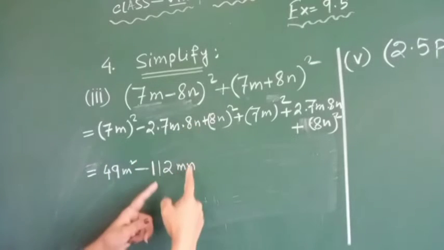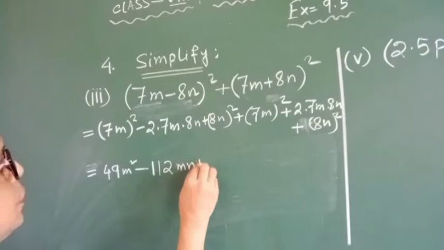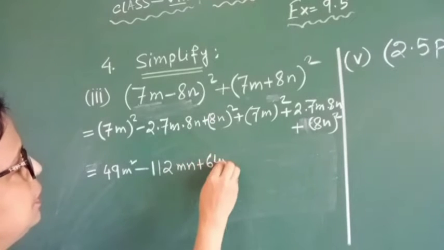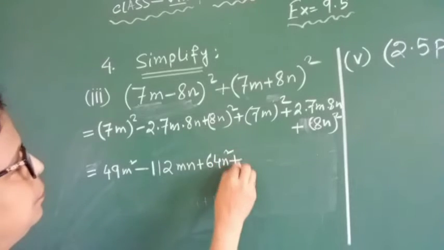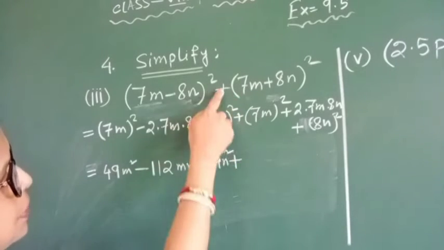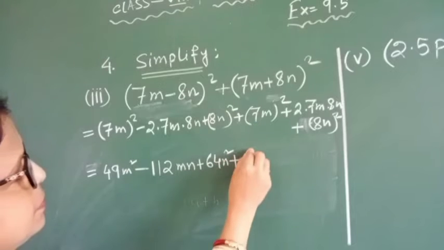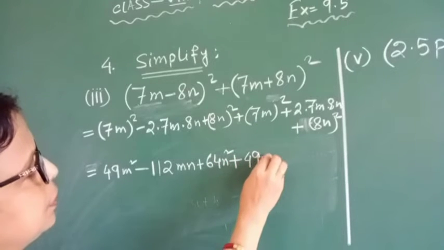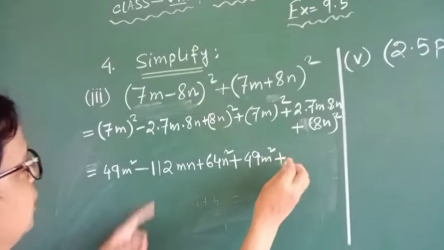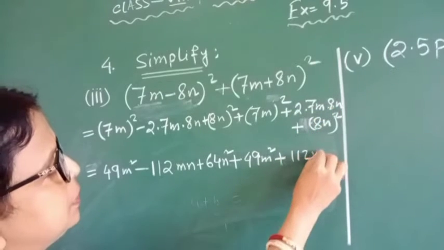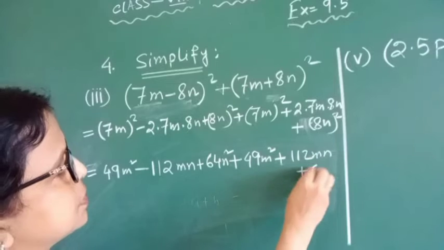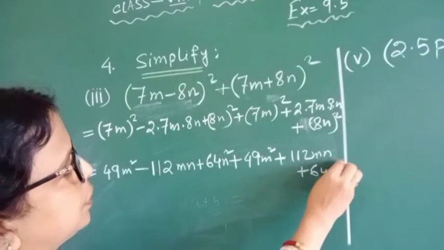Up to here it is completed. Now (8n) square, 8 eights are 64n square. For the next part, the plus sign was there, so this plus sign is coming here: 49m square plus 112mn plus 64n square.